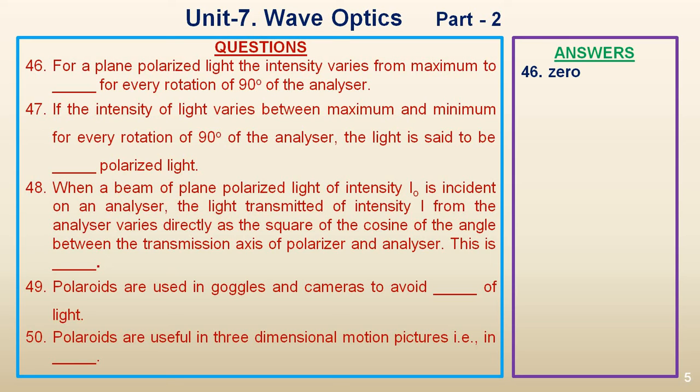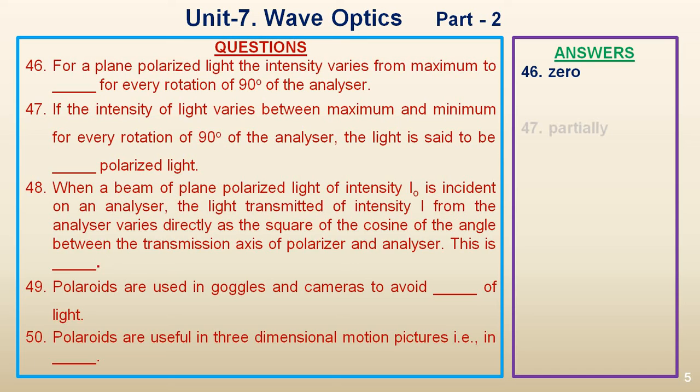Question number 48. When a beam of plane polarized light of intensity I0 is incident on an analyzer, the light transmitted of intensity I from the analyzer varies directly as the square of the cosine of the angle between the transmission axis of polarizer and the analyzer.